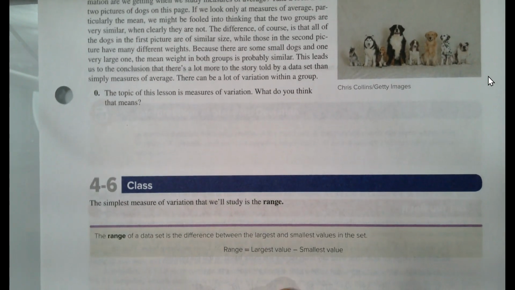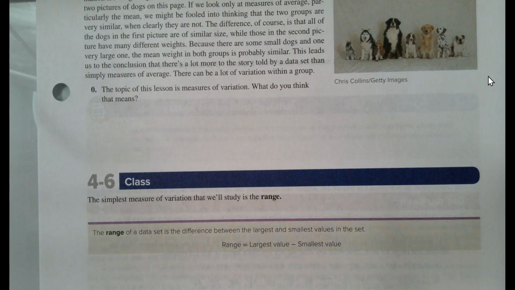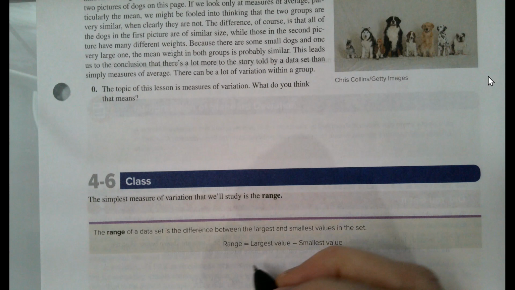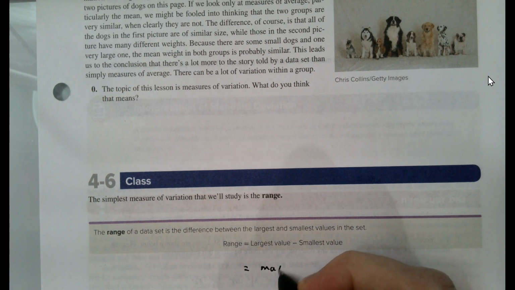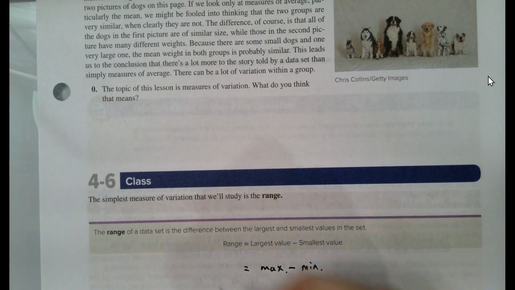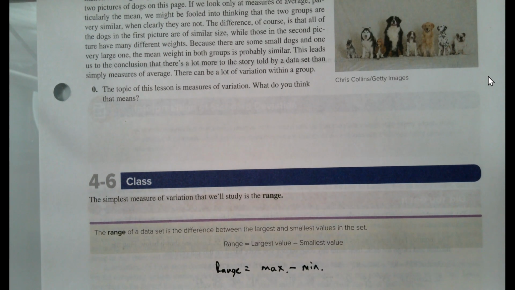Okay, so the simplest measurement is the range. It's simply the largest value minus the smallest value. If we think about how we programmed the mid-range into Excel, that was the maximum value minus the minimum value. You can already tell that this is not going to be a great measurement.